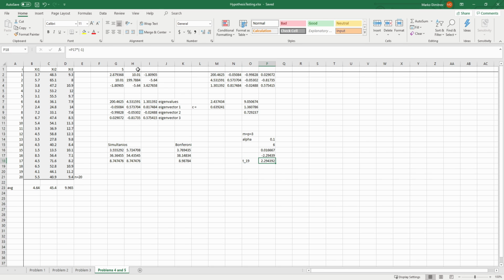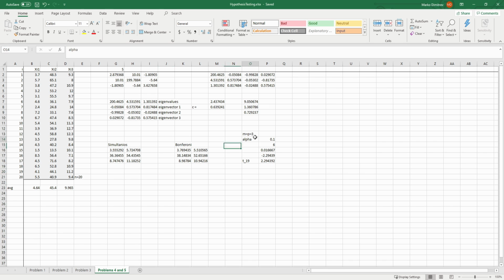So this is what we get, and also we need our upper limits, but we need plus. So these are our 90% Bonferroni confidence intervals for our means mu_1, mu_2, and mu_3.